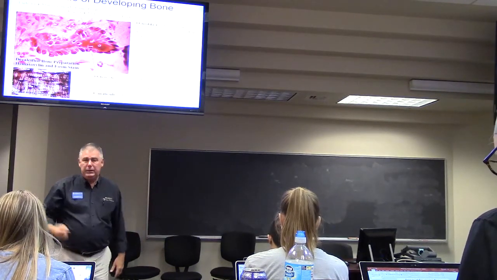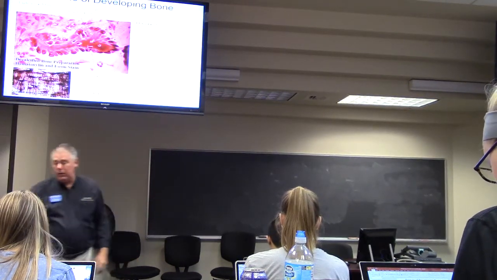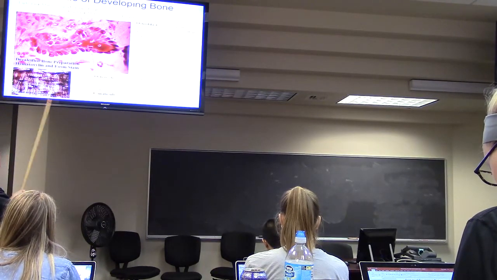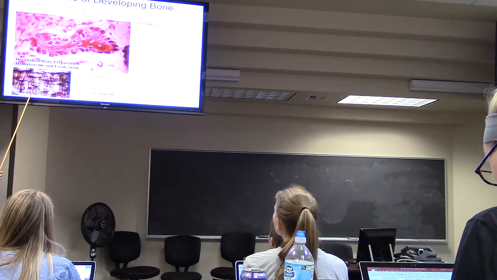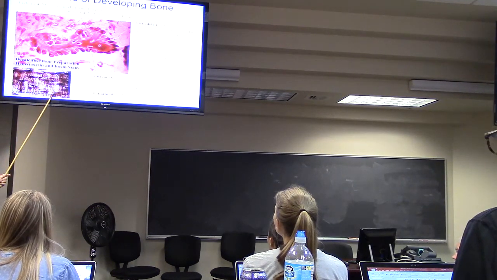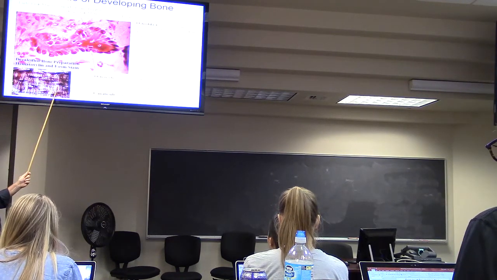In order to keep these osteocytes alive inside of the bone, they have to be connected to the outside or to the surface. And if you look at bone, there would be an osteocyte right there, there'd be another one there, another one there, another one. They're connected by all these little canaliculi that are in the bone.